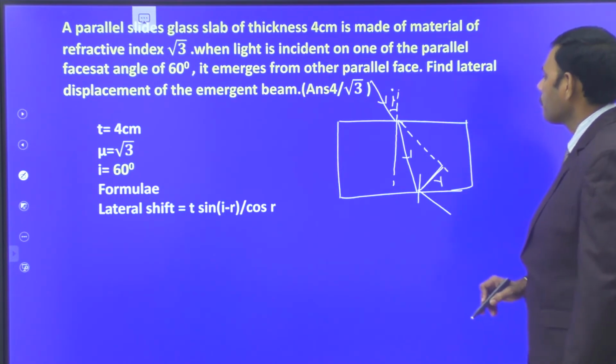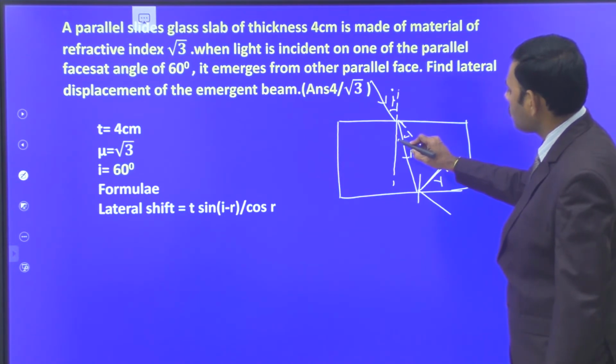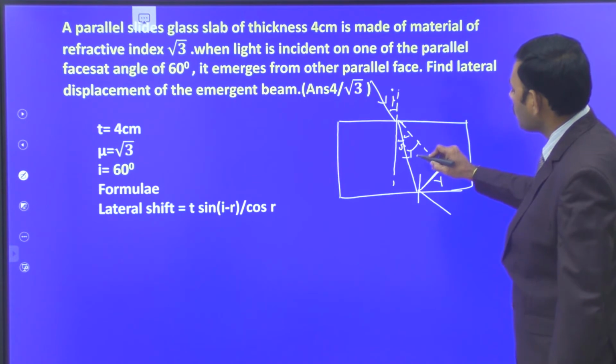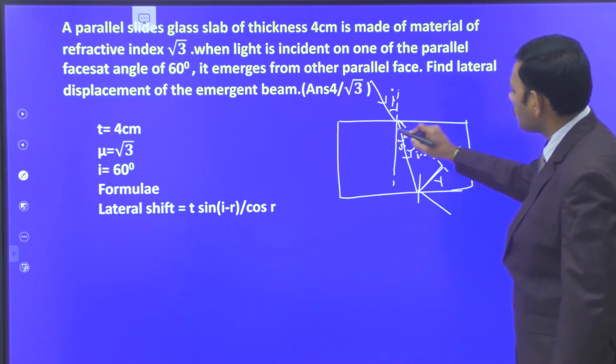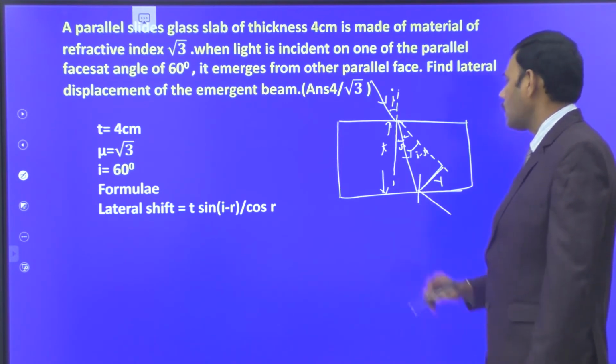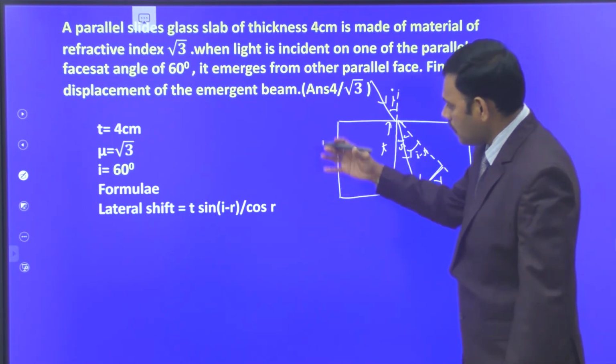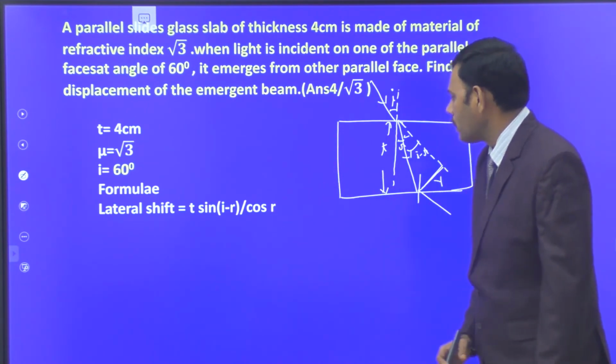For this angle of incidence we have angle made by incident ray with normal. This is angle of refraction, and this is i minus r, which is known as deviation, and this is the thickness. Then we had this derivation. Already I explained this derivation in the concept. Now I pick up the right formula to find out the lateral shift.